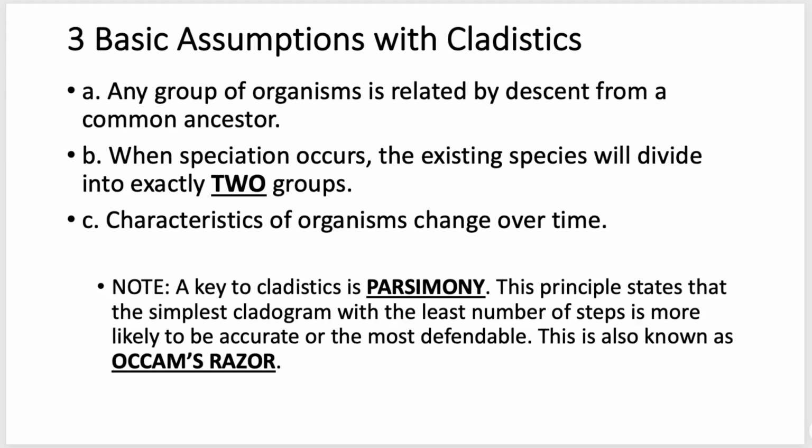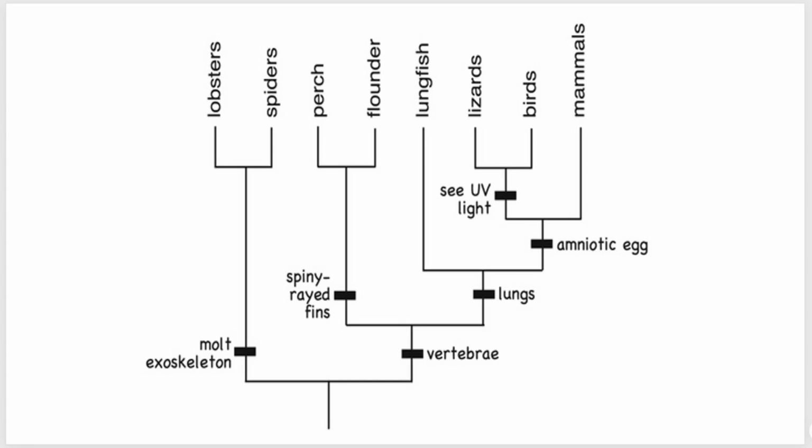So basically, if your cladogram can look two ways, one looks super confusing with lines all over the place, and another looks really simple and clean, it's more likely that the simpler cladogram is the true one, because generally nature favors the path of least resistance. If you have some crazy complicated cladogram where an organism loses and gains eyeballs 30 times, that's very unlikely to occur, so it's probably not correct.